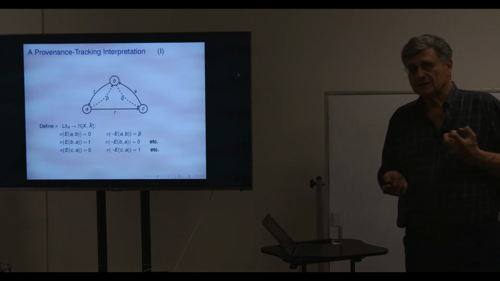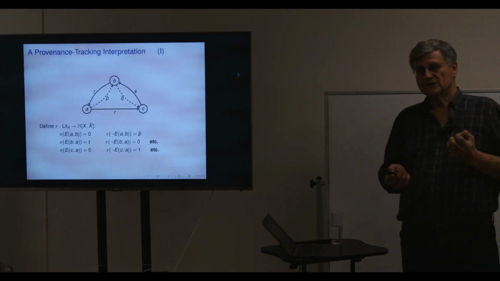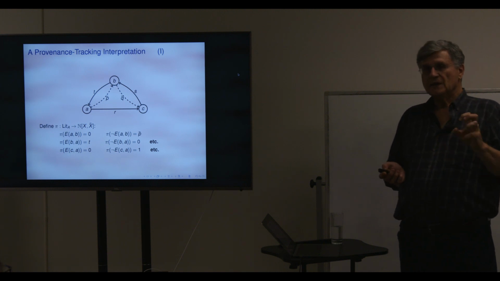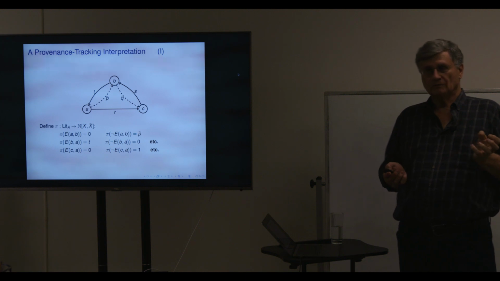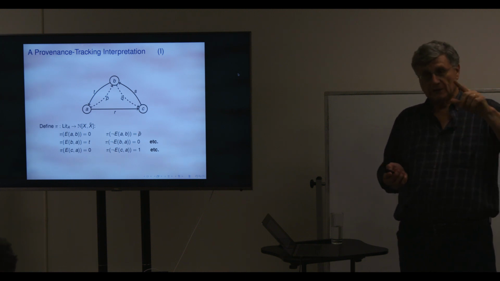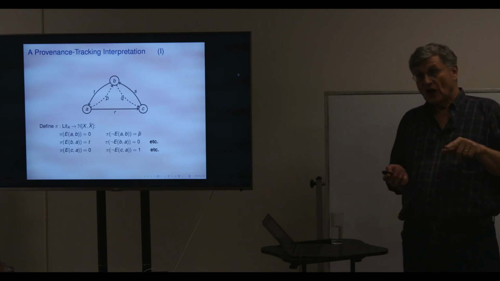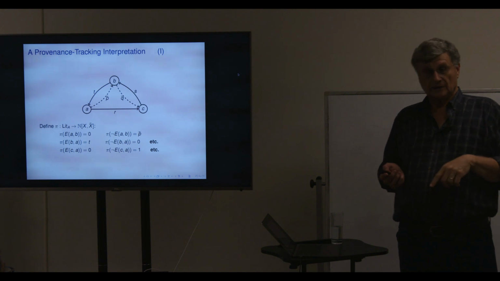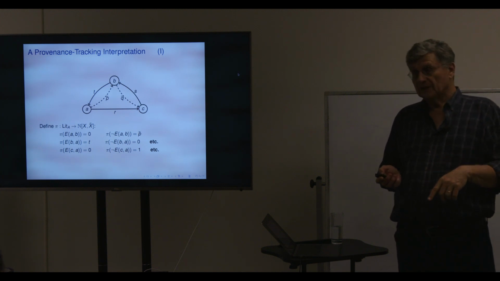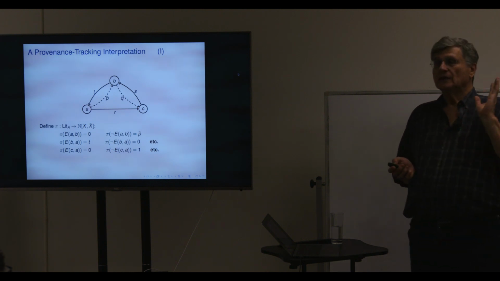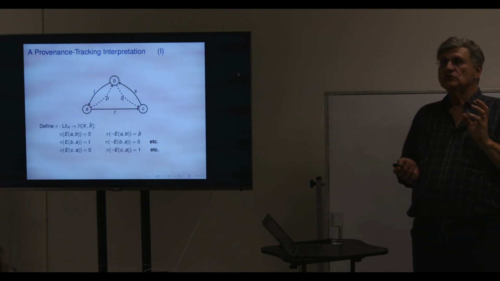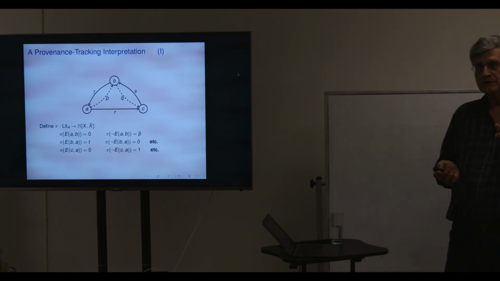And the intuitive understanding of 0 and 1 is the following. 0 means that the fact is not in the model. Now, the fact could be negative, and so for example, if you have an edge from A to B, then not E of AB is actually interpreted as 0. 1 is more subtle. 1 means that the fact is true, but I choose not to track its provenance.